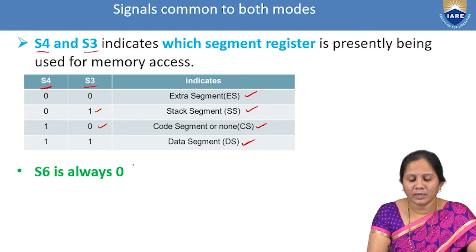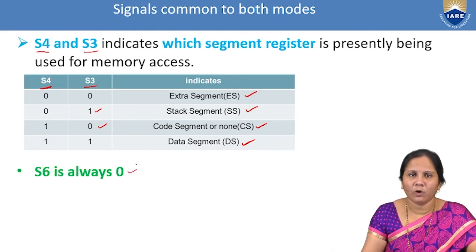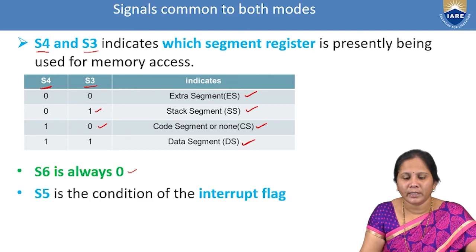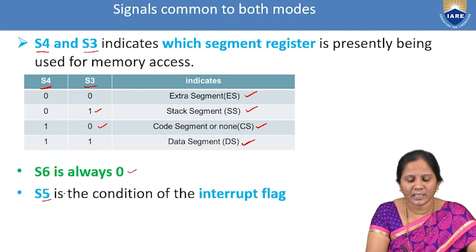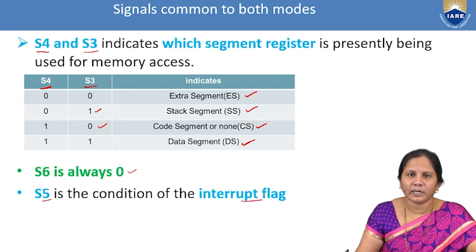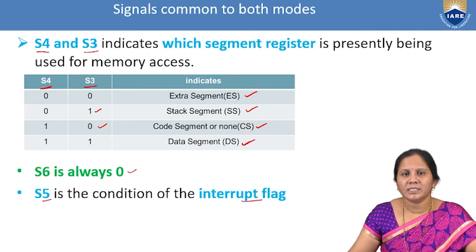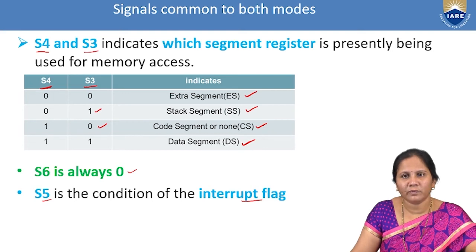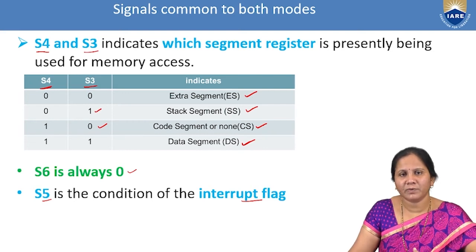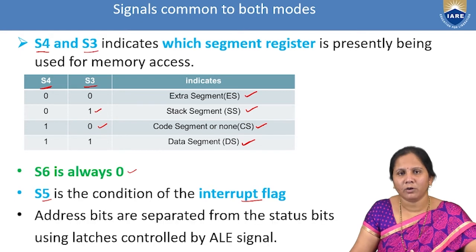Coming to the next status line, S6 will always be 0. The next status line is S5, which gives the condition of the interrupt flag. This interrupt flag is one of the bits available in the flag register format of 8086. So S5 represents whether that interrupt flag is set or not.